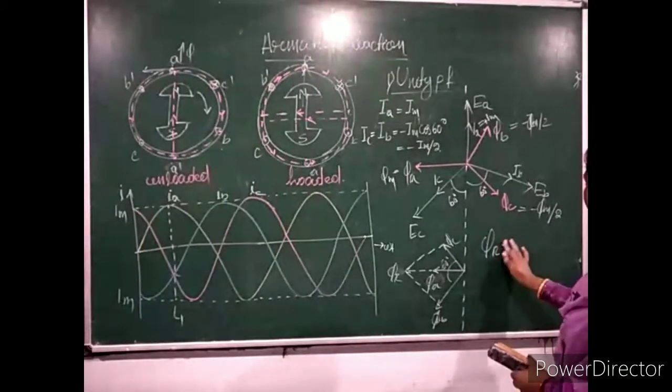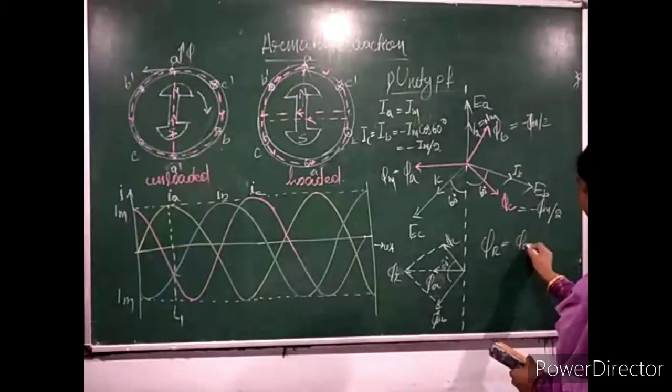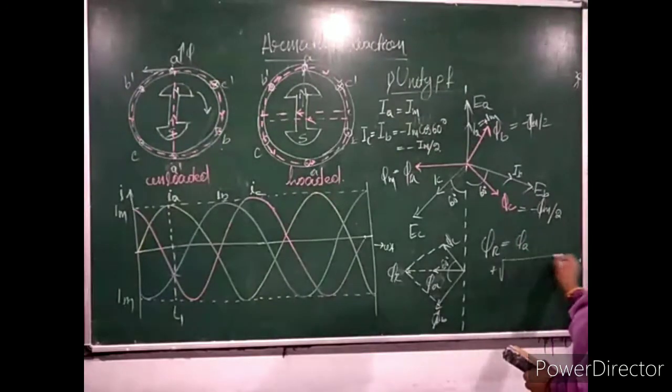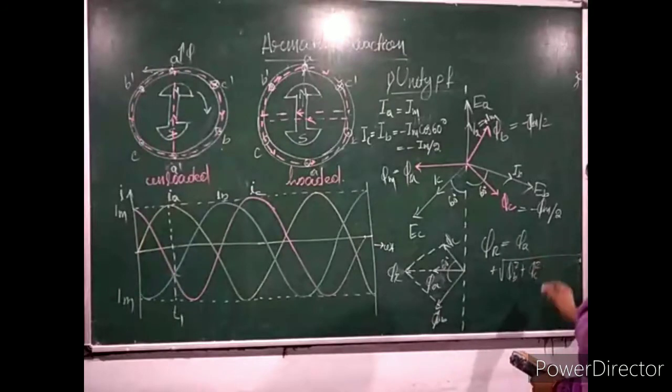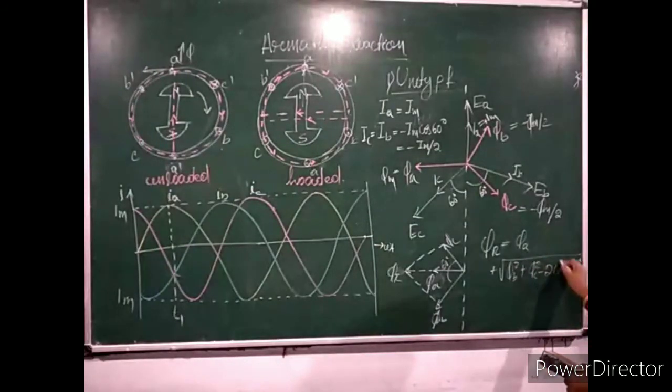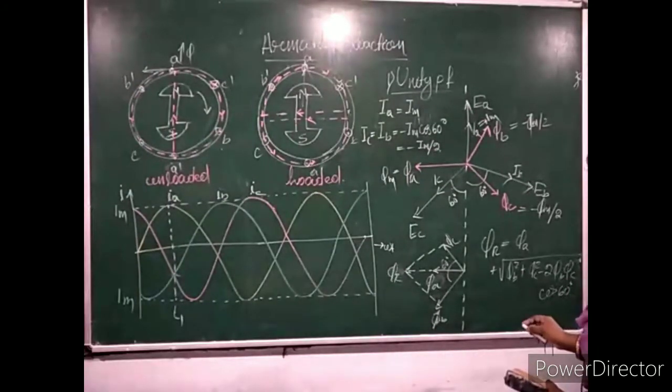Again I write, it is phi A plus root over of phi B square plus phi C square minus 2 phi B phi C cos 60 degrees. The parallelogram theorem you apply here. So after solving this, you get the resultant flux.